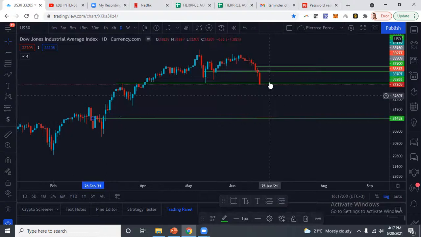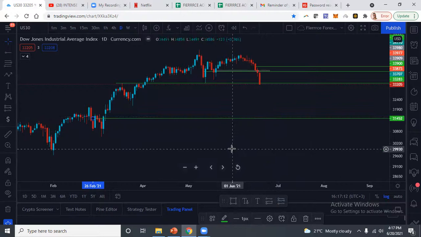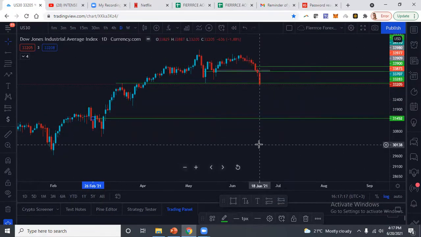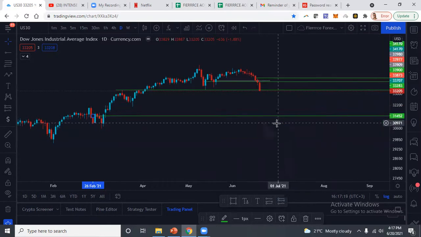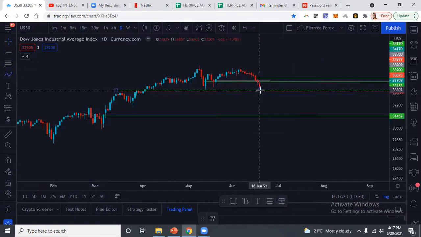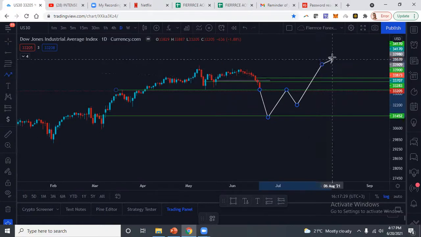We really would like to retest this level, so there's a possibility US 30 may drop all the way to 31,452. Look out for that. And once it does, we could continue to see the continuation to the upside. That's what I'm thinking.